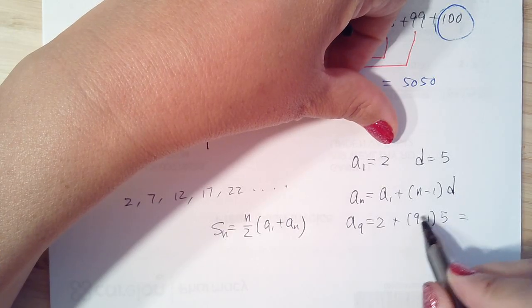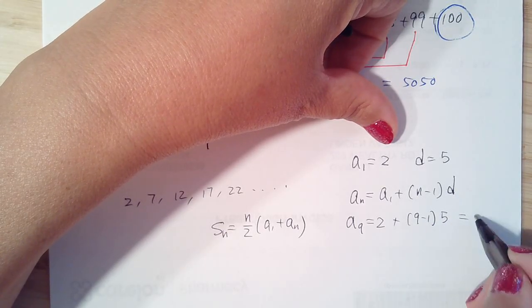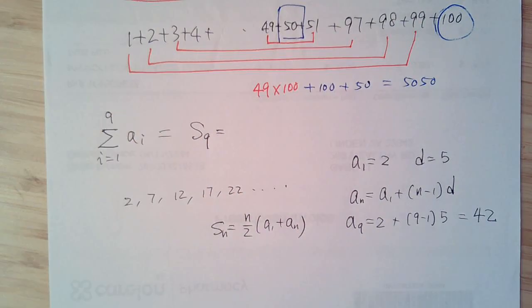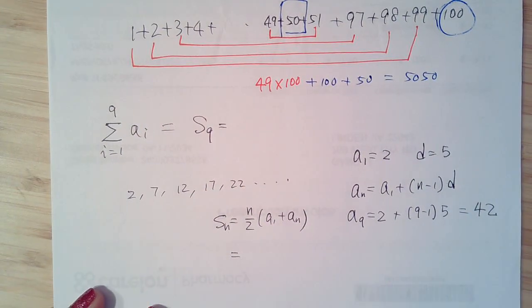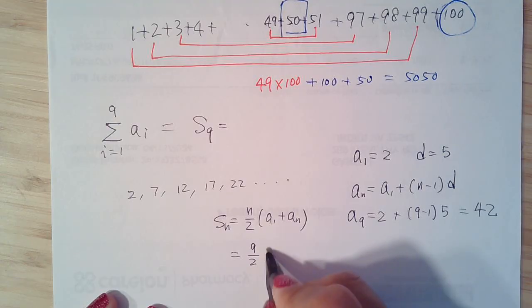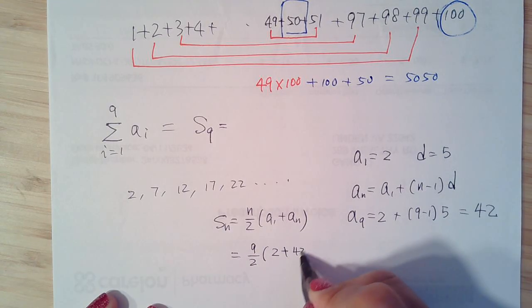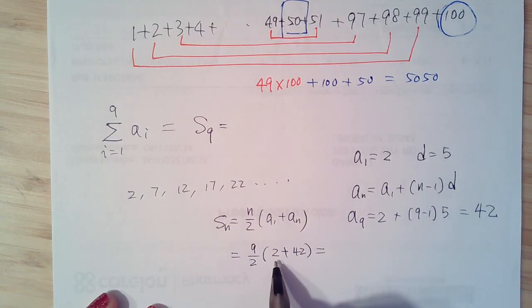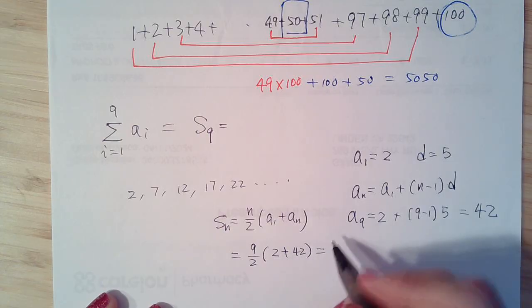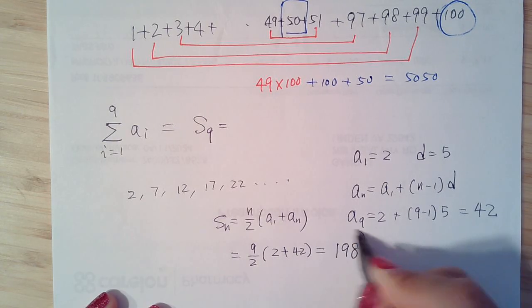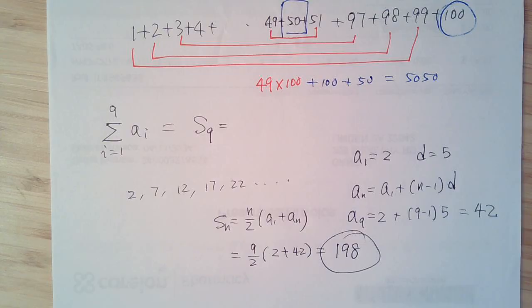So that's 8. 8 times 5 is 40, so that's 42. Therefore, I get 9 over 2 times (2 plus 42). 2 plus 42 is 44, divided by 2 is 22. So 9 times 22 is 198. See, I get my answer here. This is what you need to know about the arithmetic sequence.